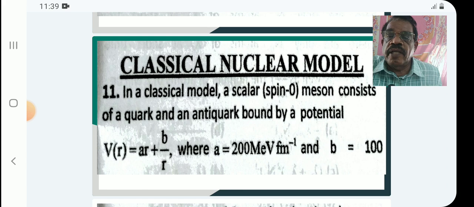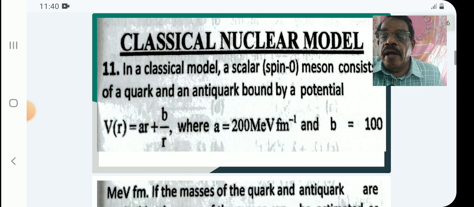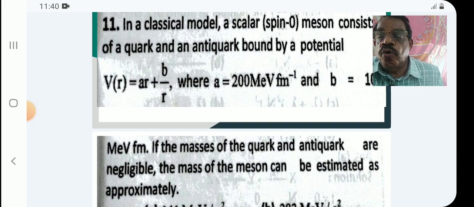Then comes a classical nuclear model question, that is a Bohr model or Sommerfeld model question. In a classical model, a scalar spin zero meson consists of a quark and an anti-quark bound by the potential V equal to A r plus B by r squared, that is the classical nuclear potential, where A is equal to 200 MeV per femtometer and B is equal to 100 MeV femtometer.